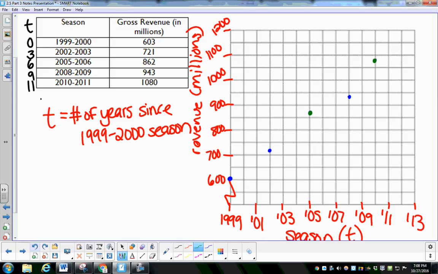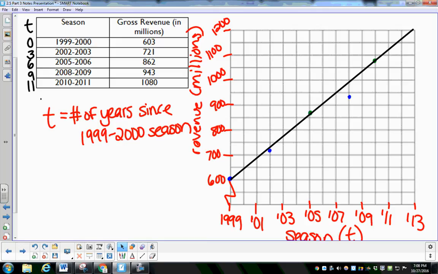We only want to use those points. So we're actually just going to draw a straight line, use a ruler that goes through those points. I'm going to have to redo mine a little bit, but I want to get our line as close as we can to just going through those two, because the problem actually told us to use those two. All right, so we've got our line there.